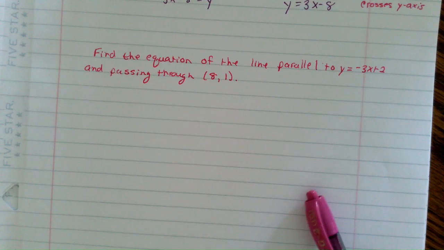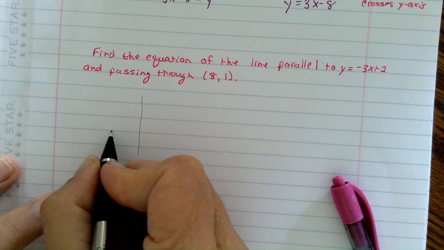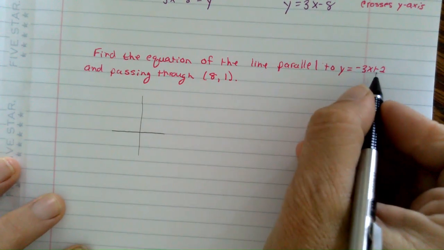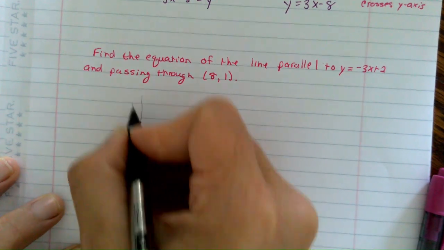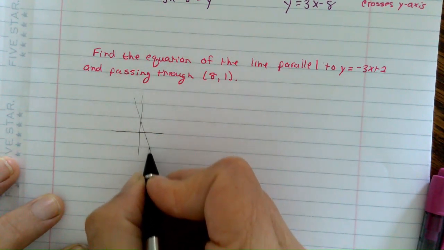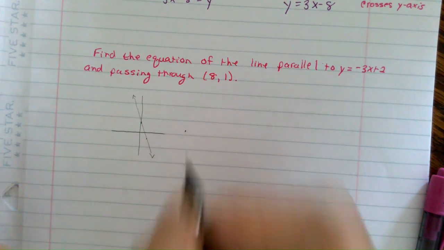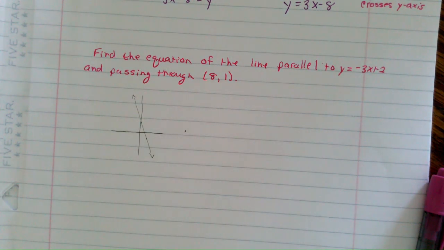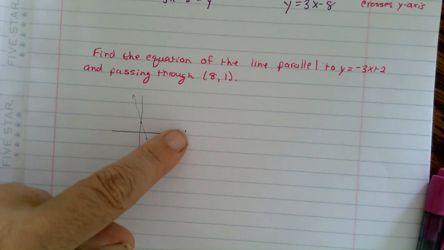Oh, okay. So negative 3x plus 2 would start at 2 and go down 3 over 1. I'm just making a rough sketch. Okay, but 8, 1 is nowhere close to that line. But I need a line parallel to this, but going through that.